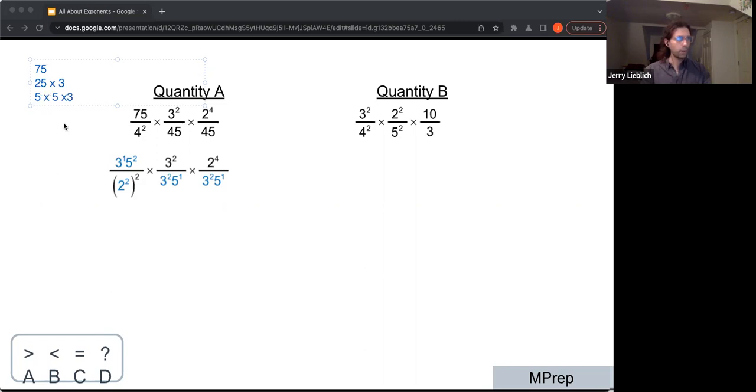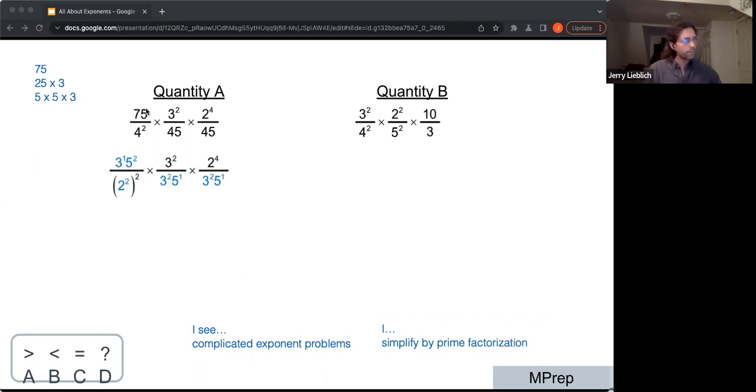These are now all prime numbers, meaning they can only be divided by 1 and themselves. This is the prime factorization of 75. And let's keep in mind, when I see complicated exponent problems, oftentimes a good way to simplify is by prime factorization.